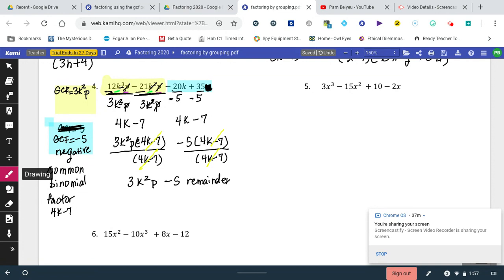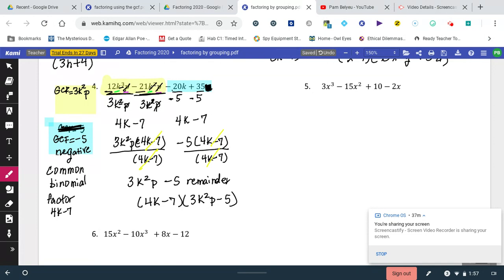So you write your common binomial factor, which is 4k minus 7, times the remainder, which is 3k squared p minus 5.